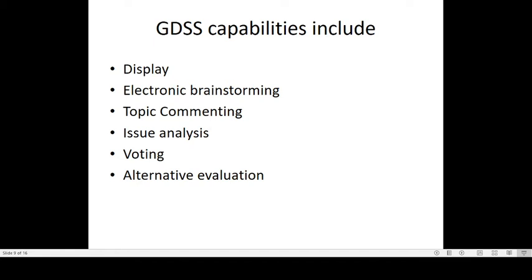The computer ranks alternative decisions based on preferences entered by the participants. Participants will have a choice of giving their preferences on the alternative decisions. So if they are giving four alternatives, they can give their choices, and on that alternative evaluation, the computer ranks will be given by this system.